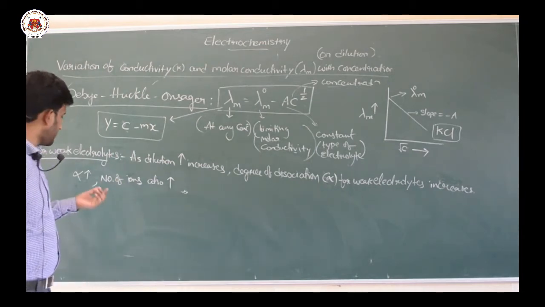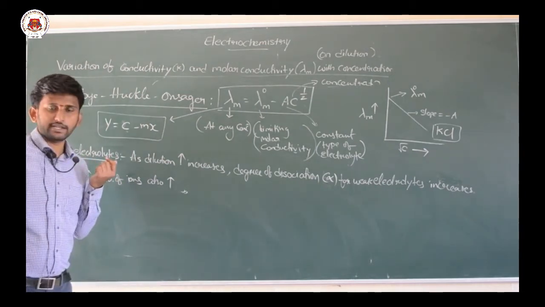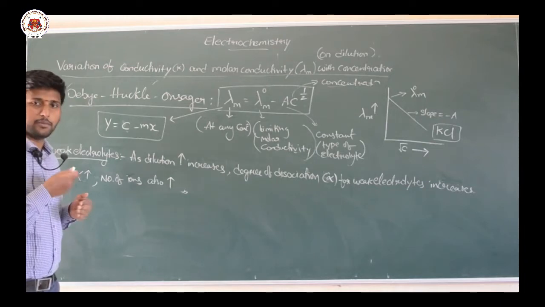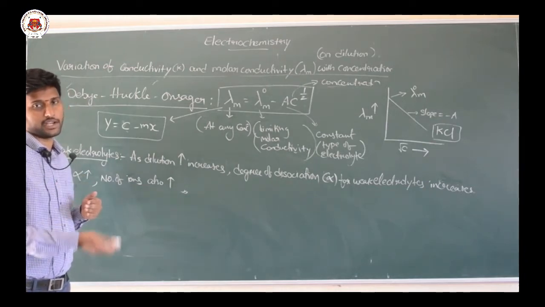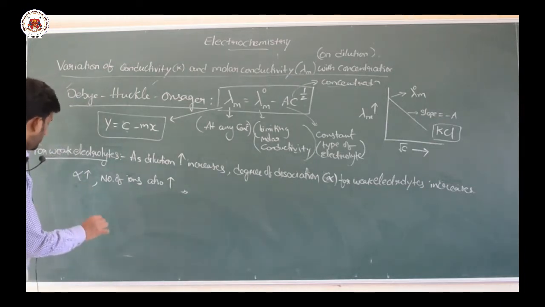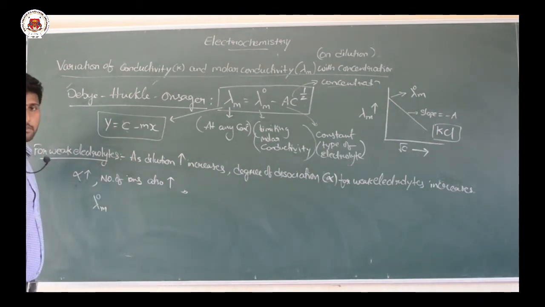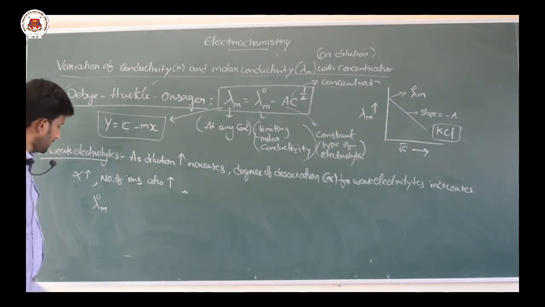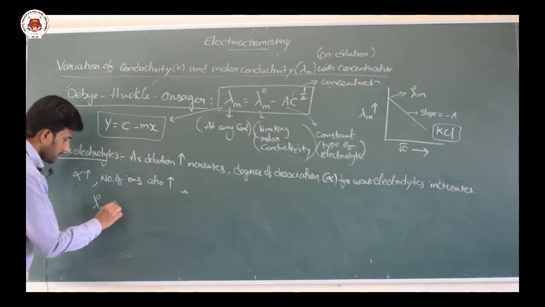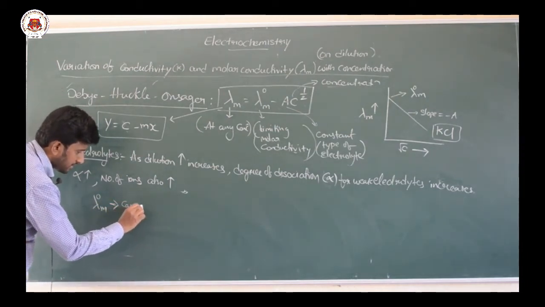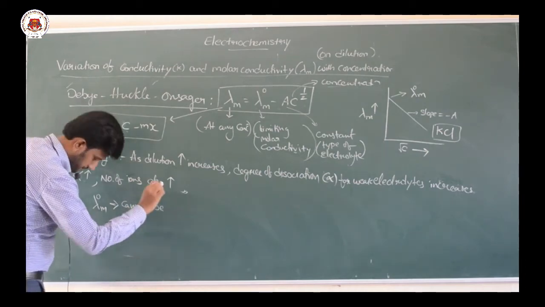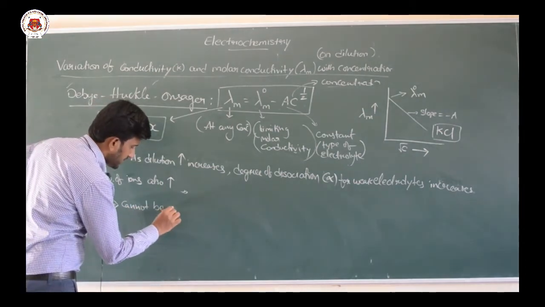Why? Because for weak electrolytes, as you keep on diluting and diluting, lambda naught m, or lambda infinity m, cannot be extrapolated from the graph.